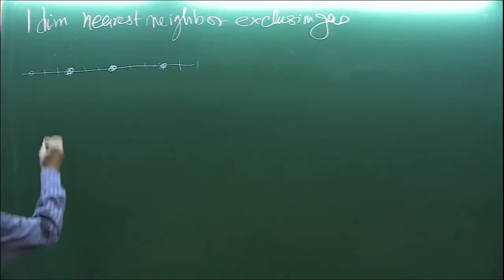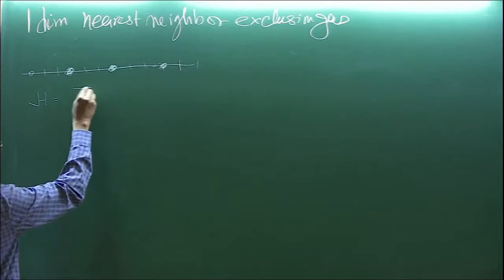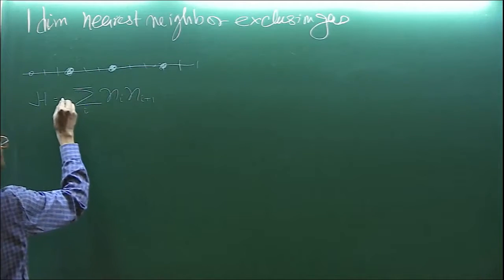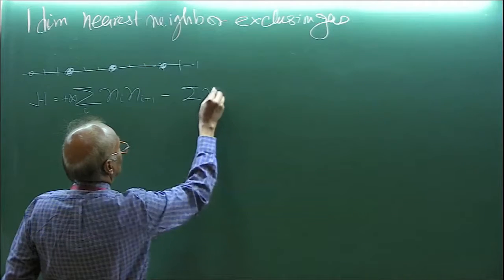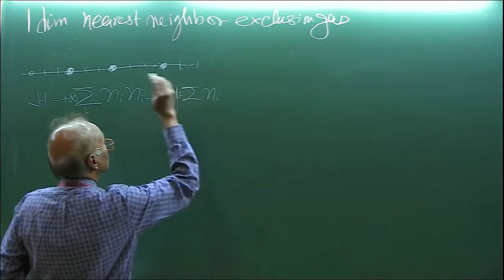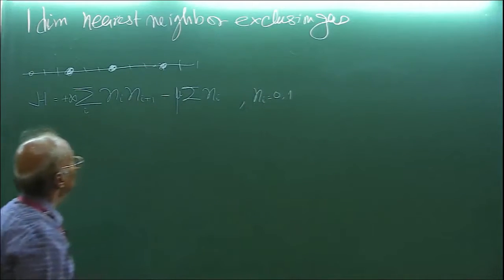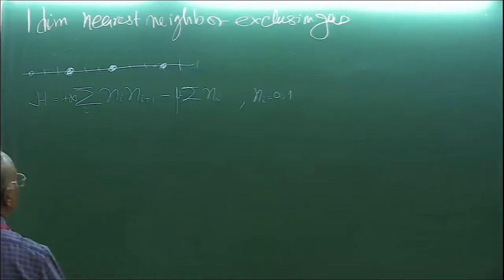Okay, so I can write a Hamiltonian formally for this system, which is a summation over i of n_i n_{i+1} times infinity, minus summation n_i mu. And n_i takes value 0, 1, and there is a convention that 0 times infinity is 0. Otherwise, I can write plus J and let J go to infinity later, but we just write it directly like this.